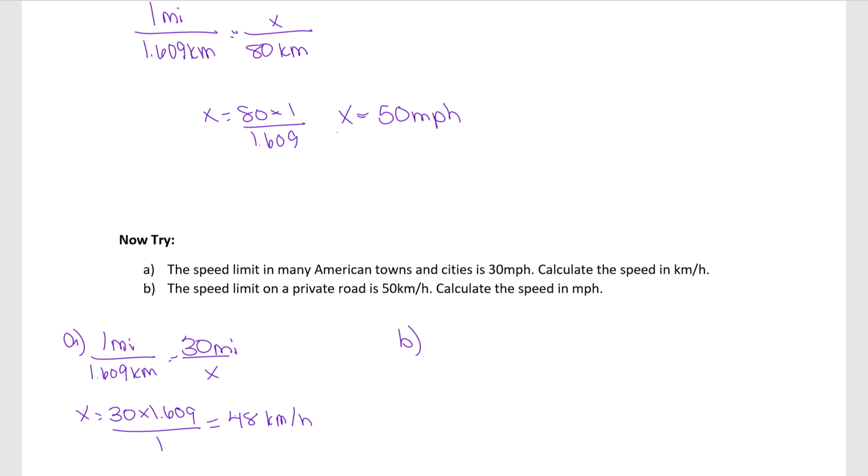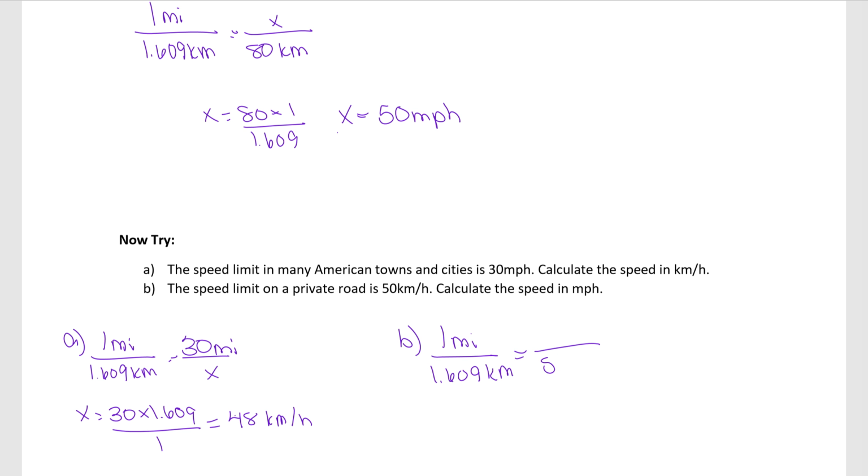And now we're going to convert 50 kilometers. So we can see just from example A that 48 kilometers is 30 miles. So 50 kilometers should be somewhere around 30 miles, maybe just above. Let's have a look. So we set up our proportion.